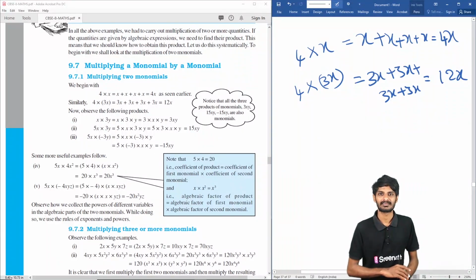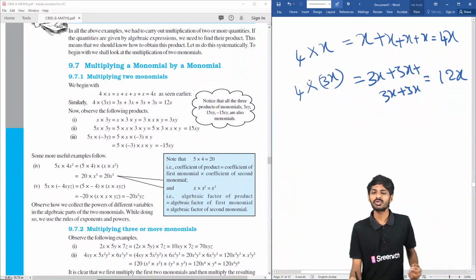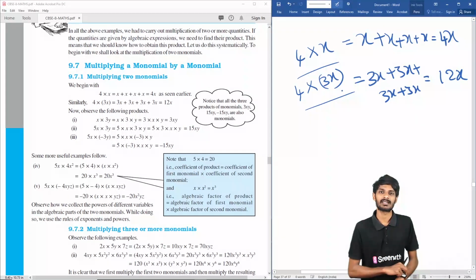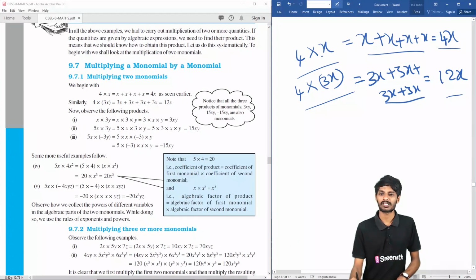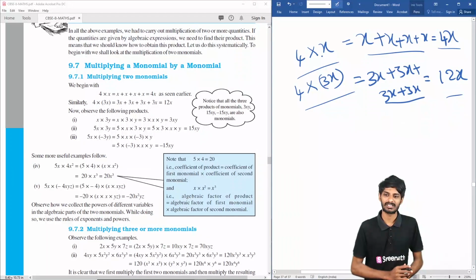So it is 12x, students. So here we have multiplied the monomials and finally we got this value. So this is the basic understanding behind the multiplication of 4 into x and 4 into 3x, students.